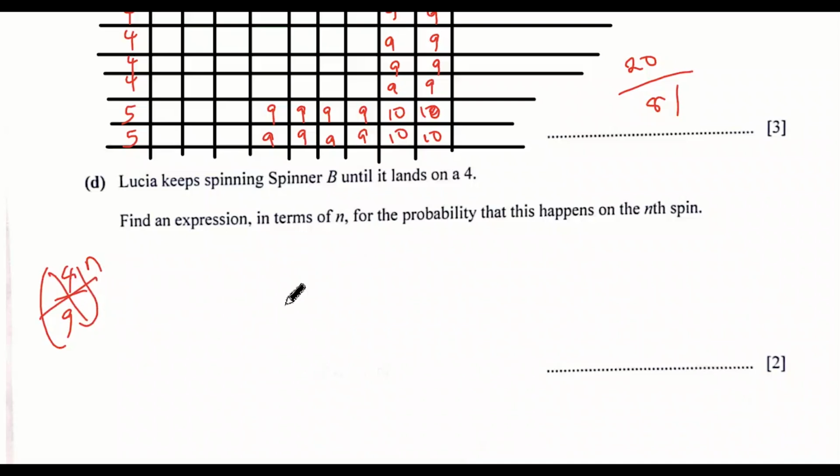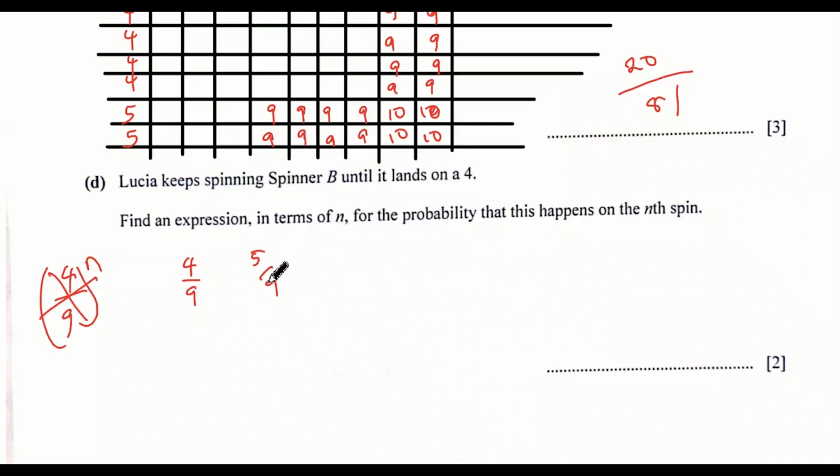So let me give you an instance. We already know that the probability that it lands on 4 is 4 out of 9, and the probability that it does not land on 4 will be 1 minus 4 out of 9, so that will be 5 out of 9. Let's take an example.